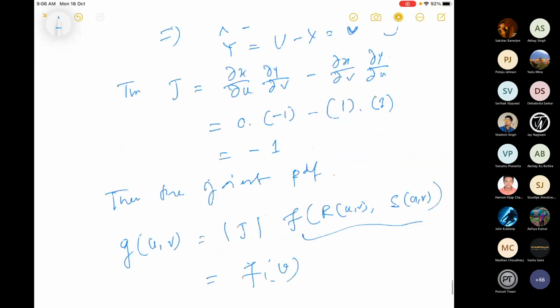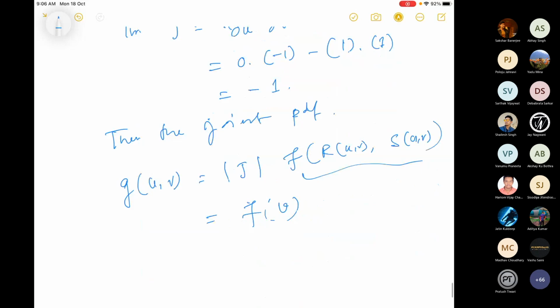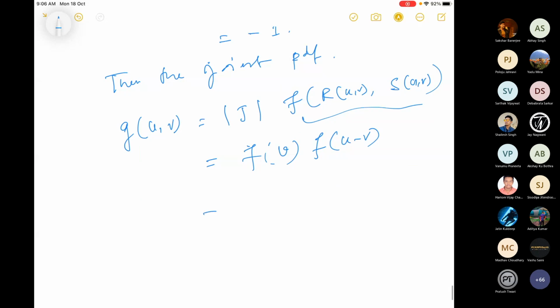So it is f of r(u,v), and this r(u,v) will be nothing but v. This is our standard notation. This function is for s(u,v), which is u minus v, and they are independent, so you can write it as a product, and they are both Poisson. So for x and y we have Poisson lambda 1 and lambda 2.